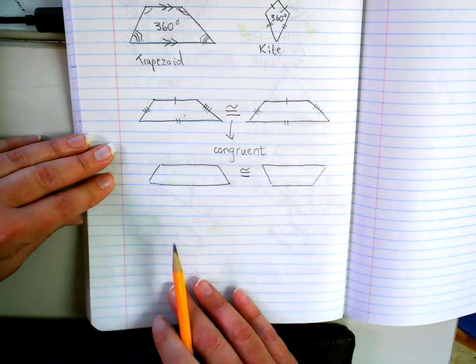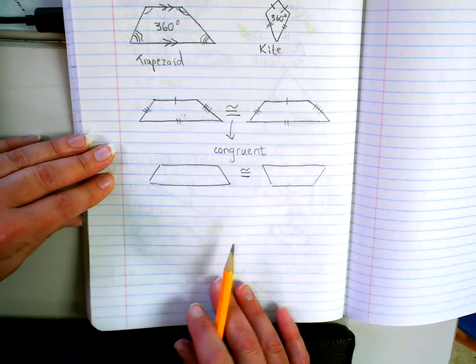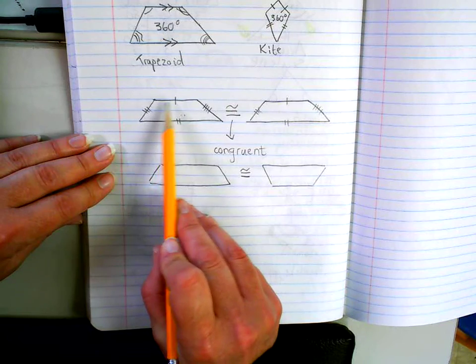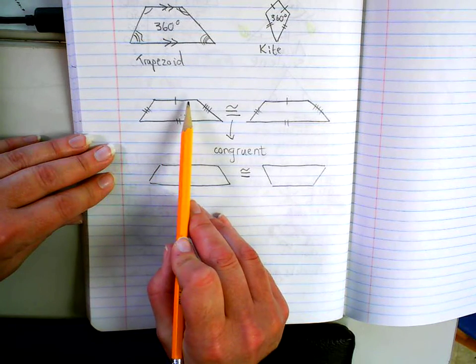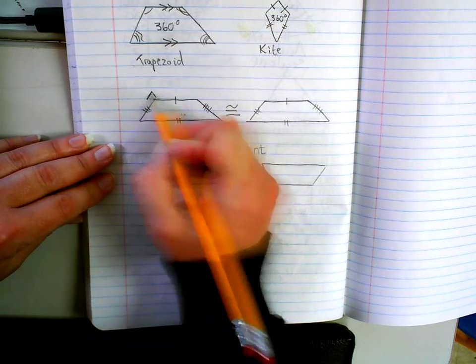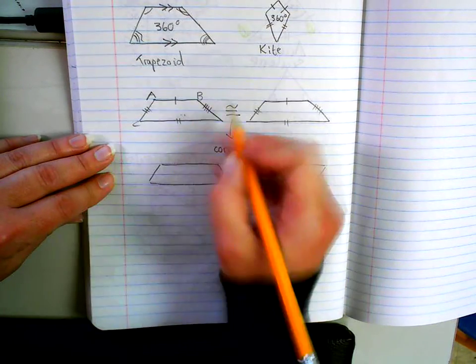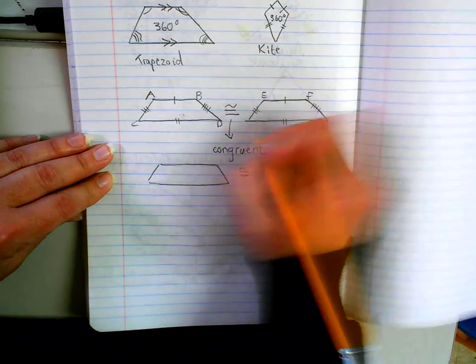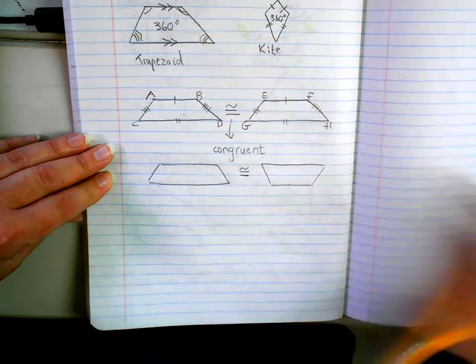Then another word that I want to teach you is the word corresponding. So watch this. This top side corresponds to this top side. So if this was A, B, C, and D, and this was E, F, G, and H, I could say the following.